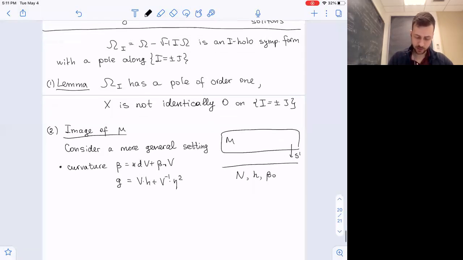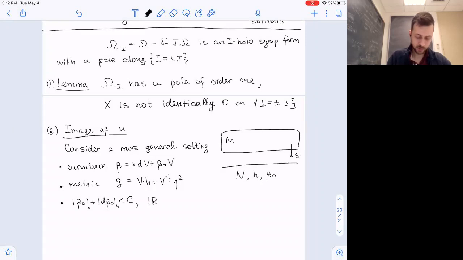And we also need some tameness assumptions. So maybe let's assume that the norm of beta and the norm of its derivative are bounded on N. So N is not assumed to be compact, and it will be non-compact, as happens in the examples which we saw before.